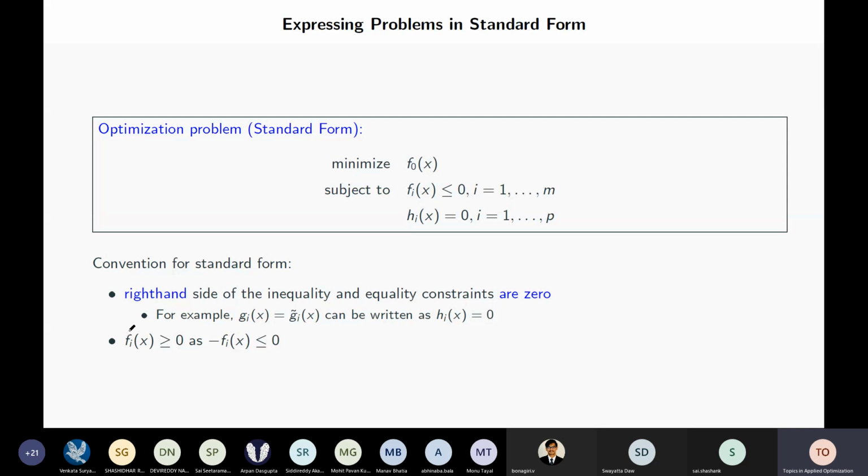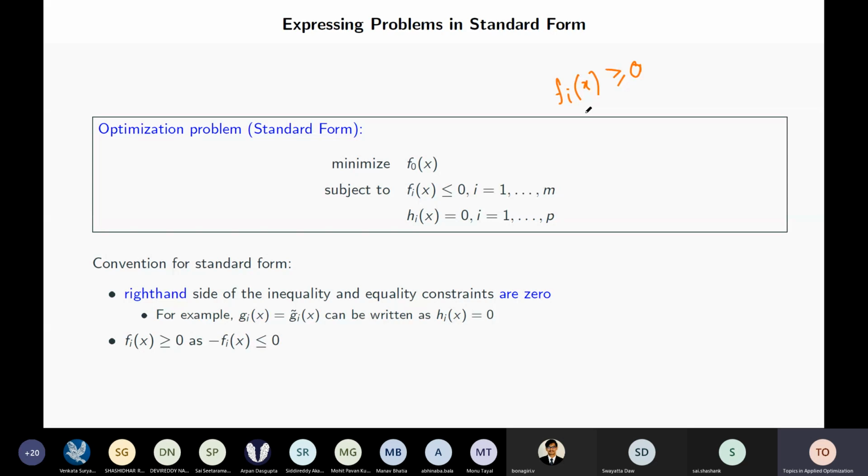Similarly, it may happen that, yeah, one more thing is there. There must always be less than equal to in the standard form. So if you are given an inequality like this, you have to convert that into less than equal to. How will you do that? You multiply by -1 on both sides. You know that multiplying an inequality by a negative number changes the inequality direction, right?